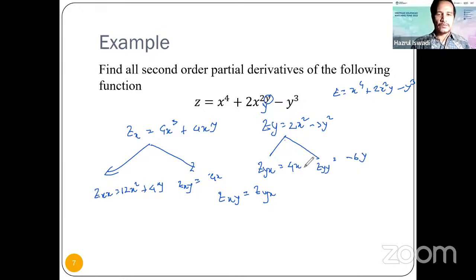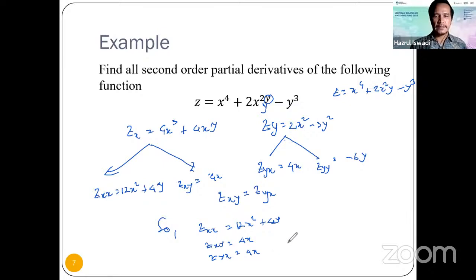So this is the answer. zxx is 12x squared plus 4y. zxy is equal to 4x. zyx is equal to 4x, and zyy is equal to minus 6y.